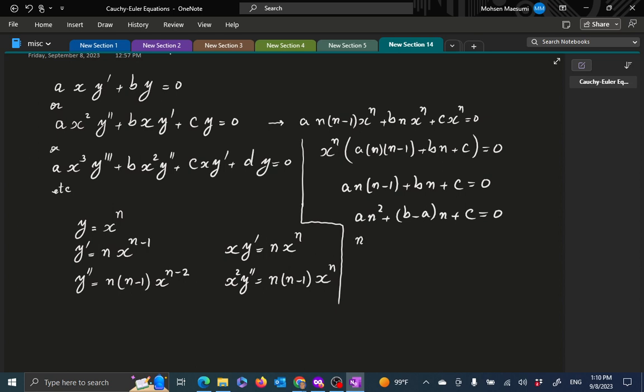Either n has two distinct real roots, or n has two complex conjugate roots, or n has identical roots, a pair of identical numbers.